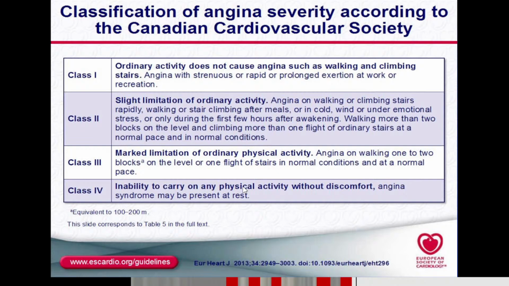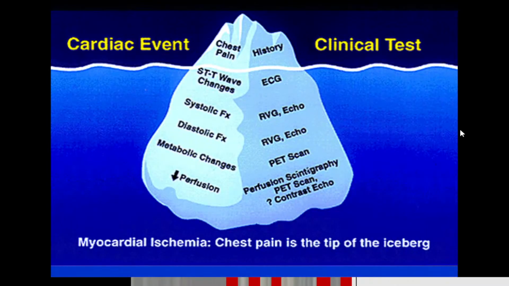It means inability to carry on any physical activity without discomfort. Angina syndrome may be present at rest. And you see here that chest pain is the tip of the iceberg in the case of myocardial ischemia.